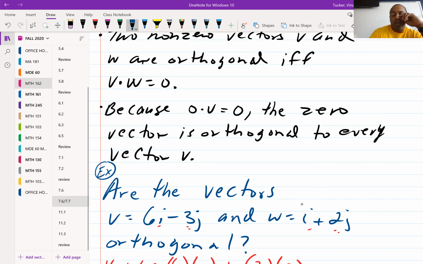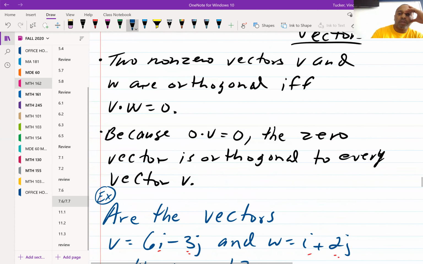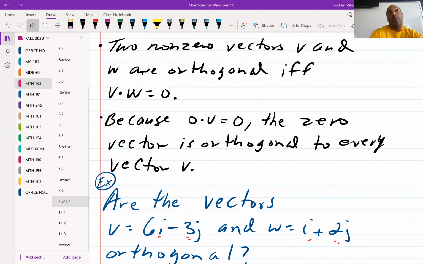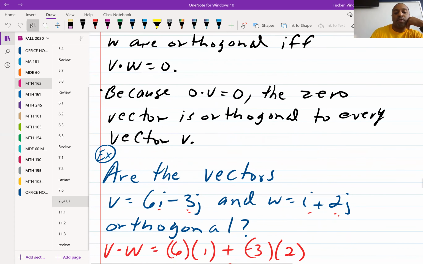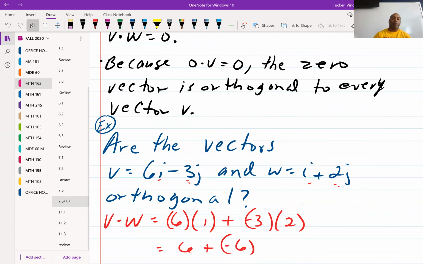All right, so here we have, are the vectors orthogonal? Remember the way that we can gauge that: two vectors are orthogonal if when you apply the dot product to both of them, it equals 0. So we have the components of vector v to be 6 and -3, and components of vector w, 1 and 2.